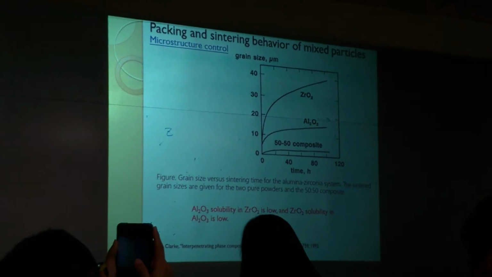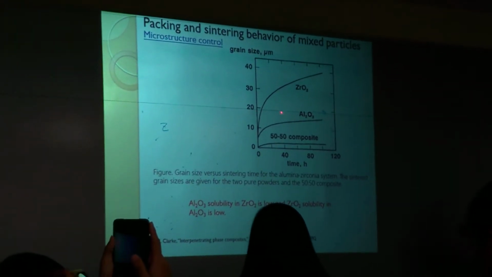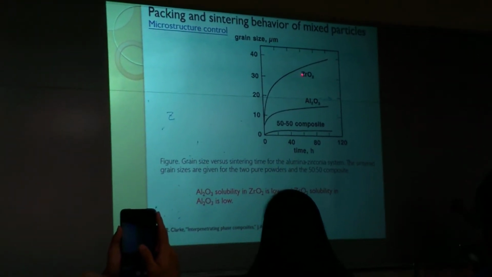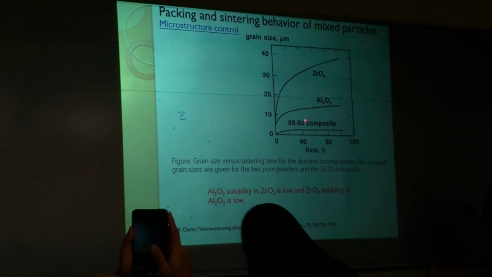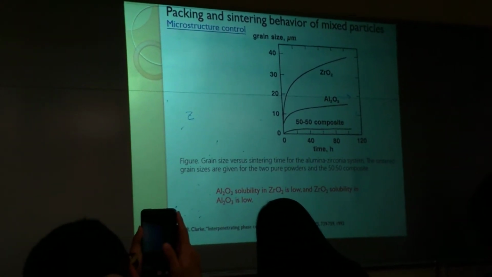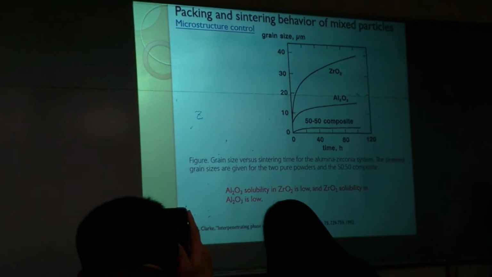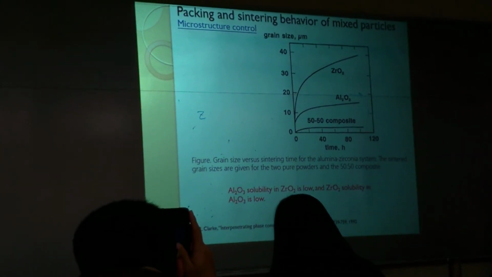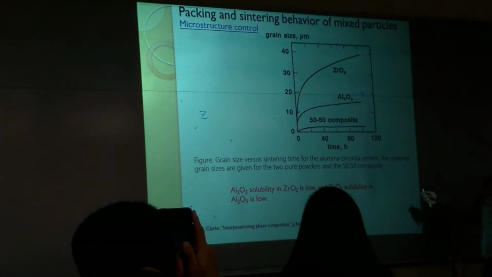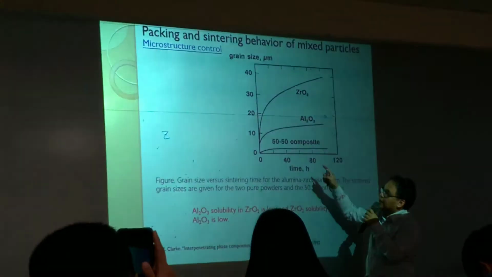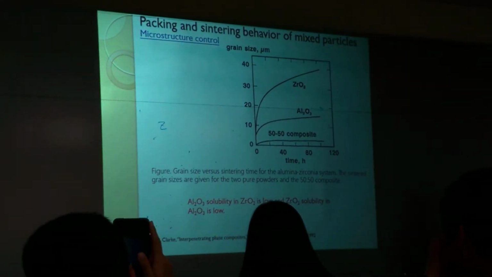This one will be inhibit. So you have the zirconia, alumina, right? Because they have no good solubility. Both solubilities are low, so you can see the final density is not so good. Inhibit, okay.